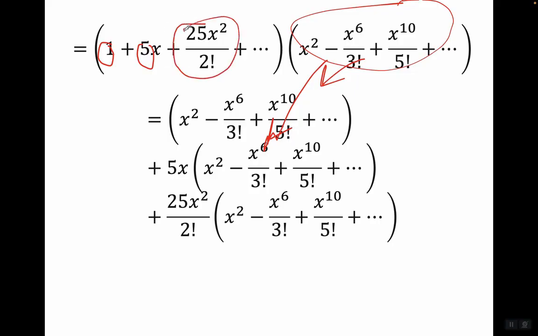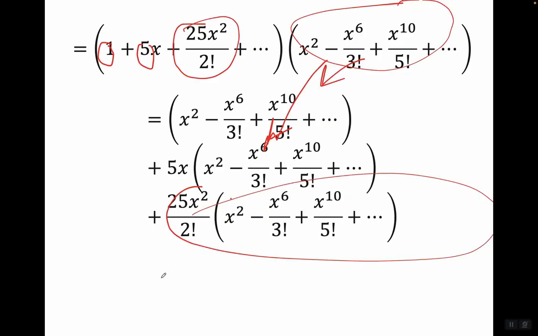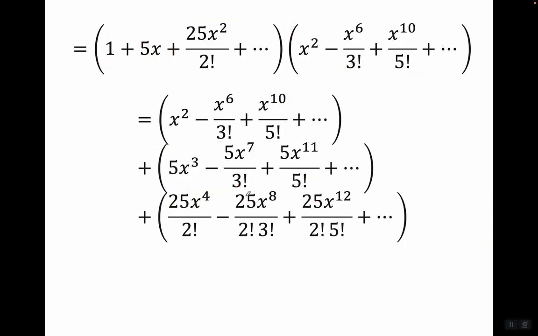Multiply the 25x squared over 2 factorial times this, and you get 25x squared over 2 factorial times that. And this is what we end up with.